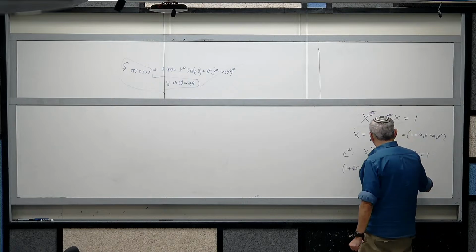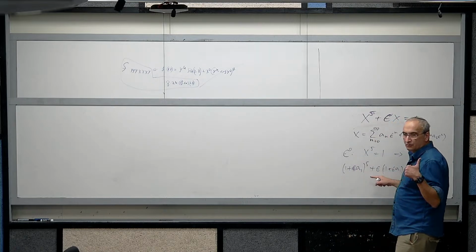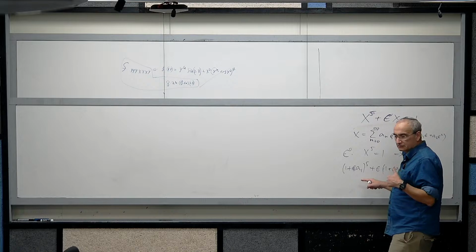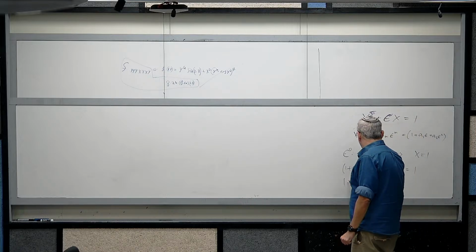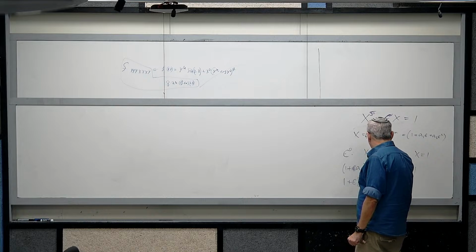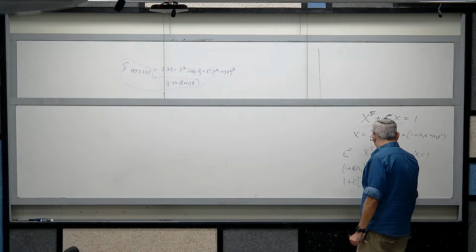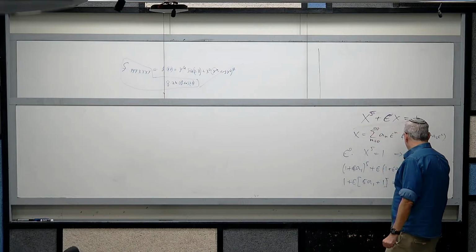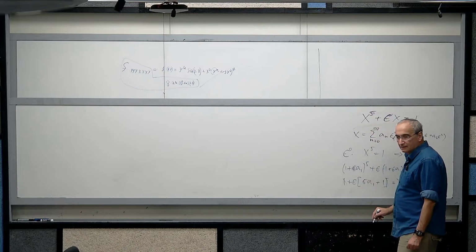Now I have to expand it to keep only first order in epsilon. So what I will get is 1 plus epsilon times 5a1 plus 1, and this is equal to 1.